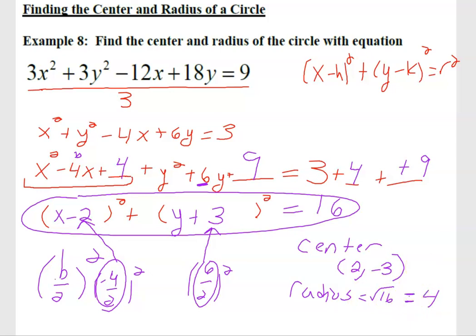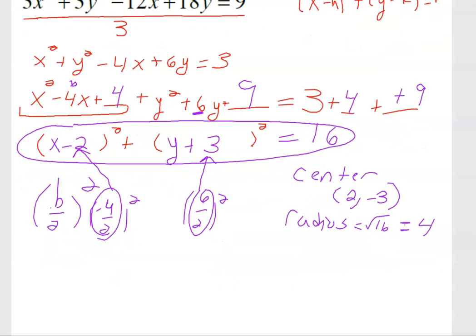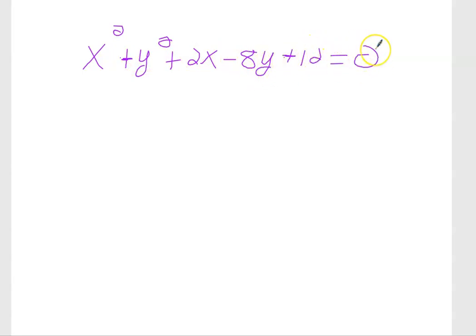So let's do another one of these examples here. You'll have to add this one to your notes, because I didn't give it to you. The one that we're going to do now is x squared plus y squared plus 2x minus 8y plus 12 equals 0.